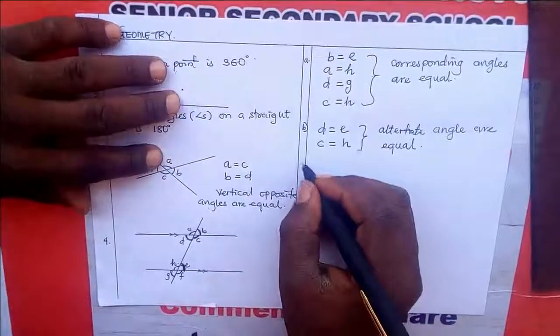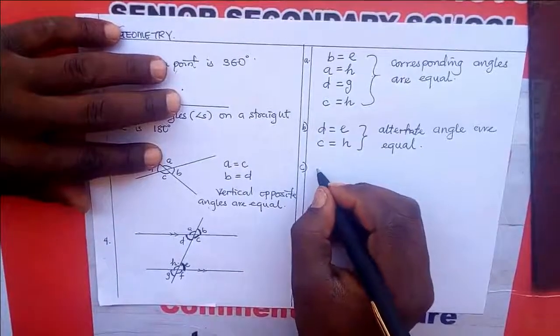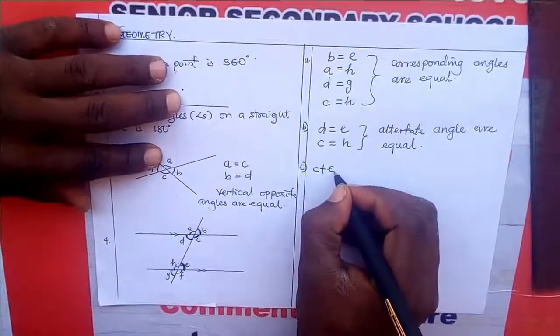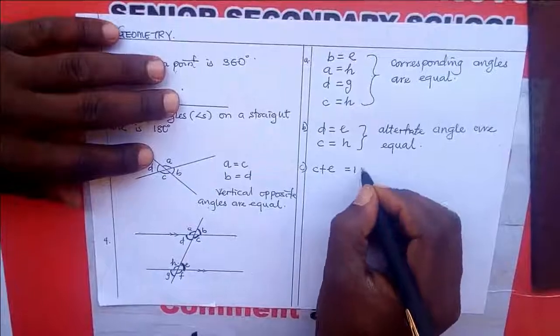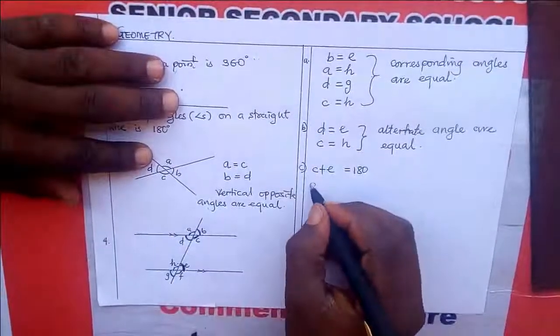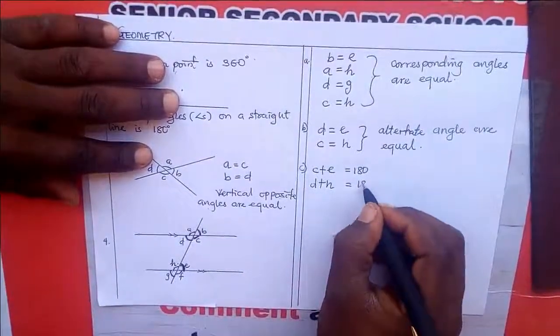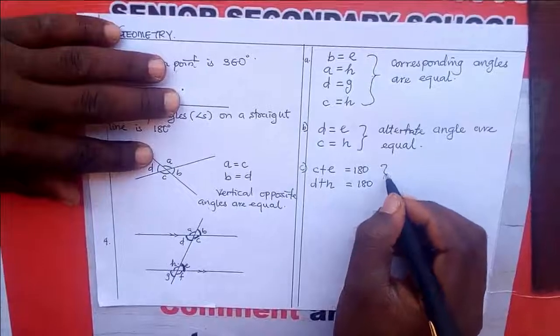So we now say that C plus E is equal to 180. Then D plus H is also equal to 180. We say that they are what?